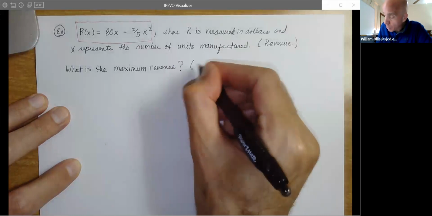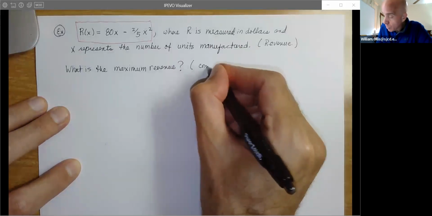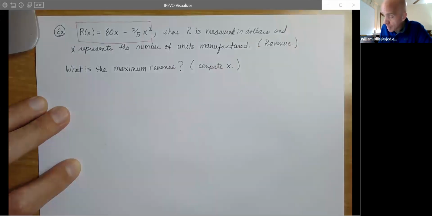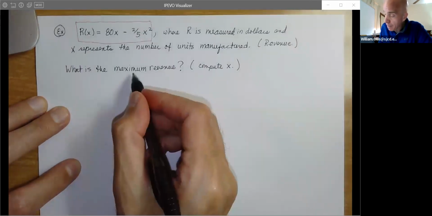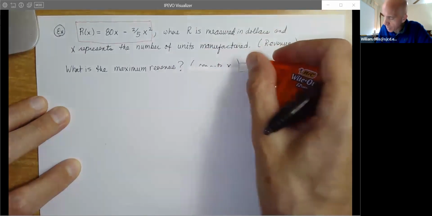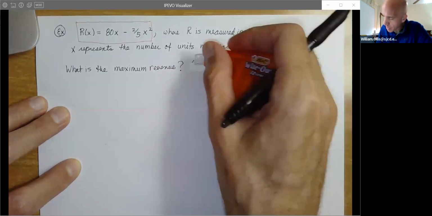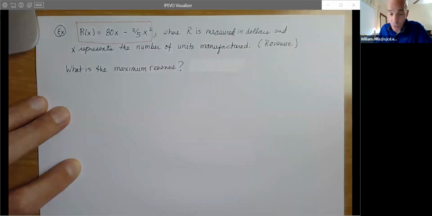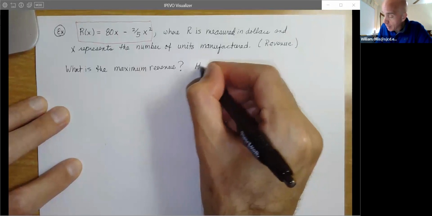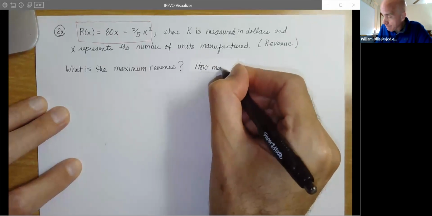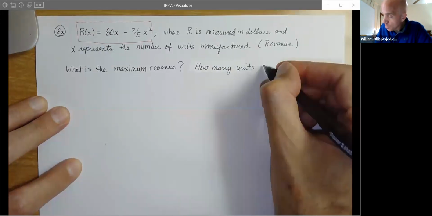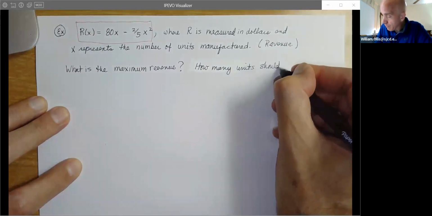And then also compute X. Let me just say it this way, because the way I've written it there, it seems like that's what I'm asking you to do in the first part. How many units should be manufactured?